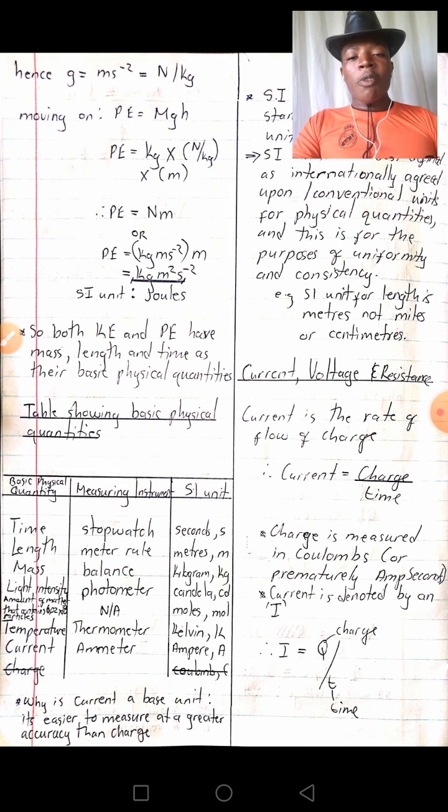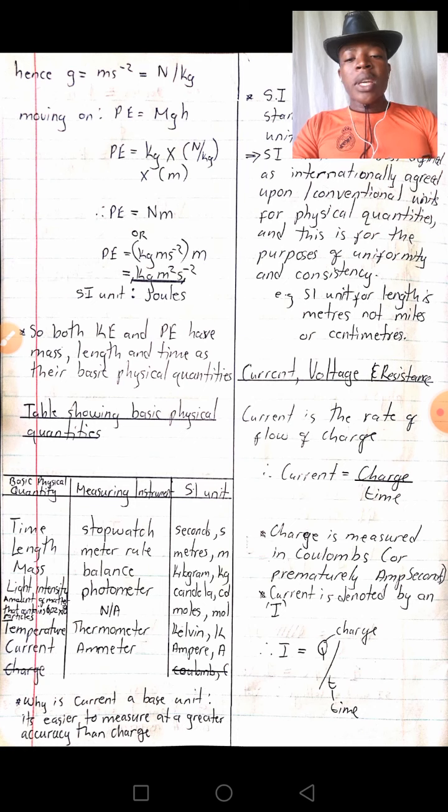So we can substitute where we've put N with kg m s^-2, remember, from resultant force. Multiplied by m, the meters, that finally gives us kg m squared s^-2. Once again, these are SI units for work. Therefore, the SI unit for potential energy is joules.